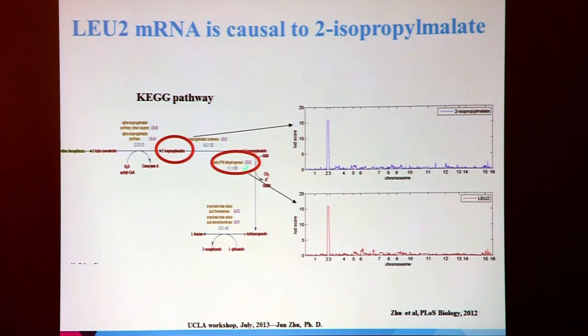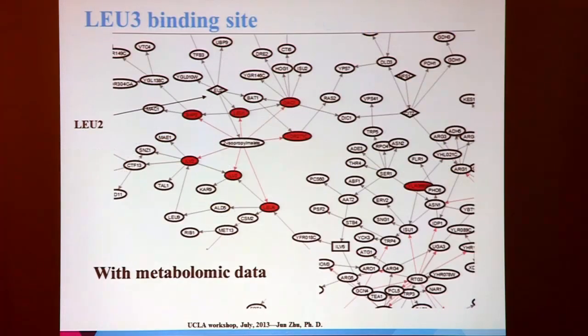And here is the enzyme in this pathway, LEU2, and its gene expression is here, and this one is self-regulated. Then you can also calculate causality, but in general this is cis regulation. It regulates itself, and then this one regulates this one. So you can see this is a causal structure.